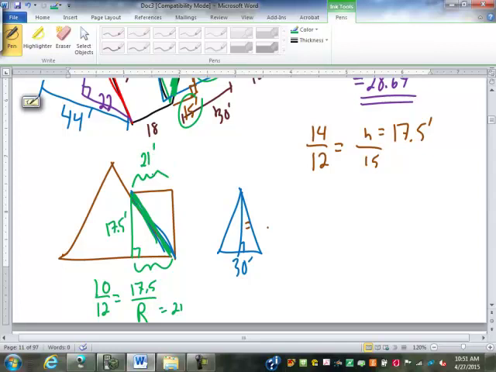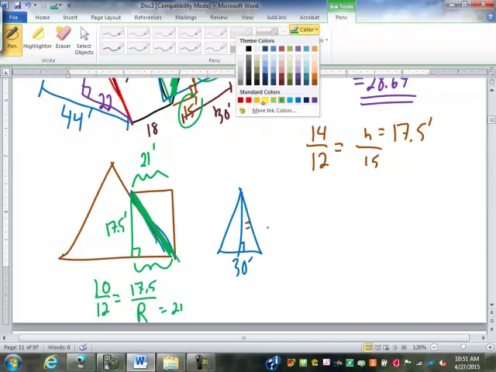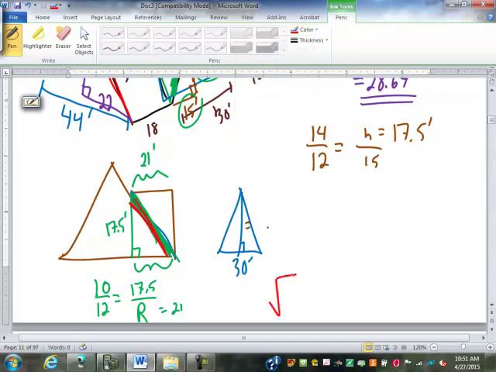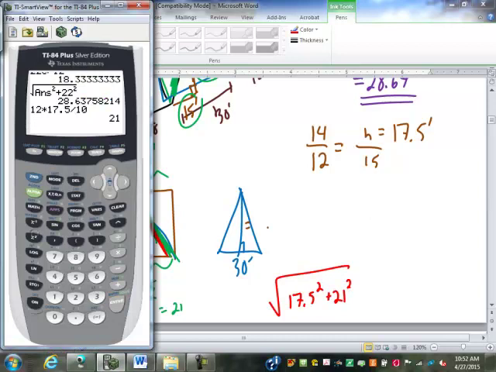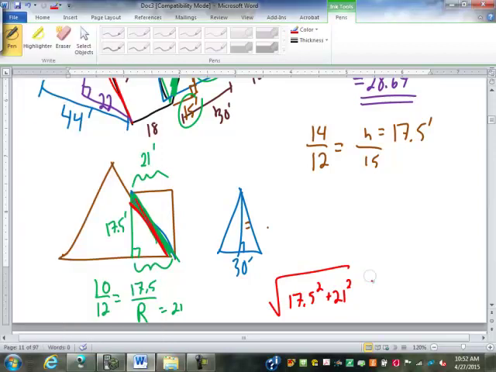So that's 21 feet. So now this slope here is going to be the 17.5 squared plus 21 squared, and square root it. So the square root of 17.5 squared plus 21 squared is 27.34.